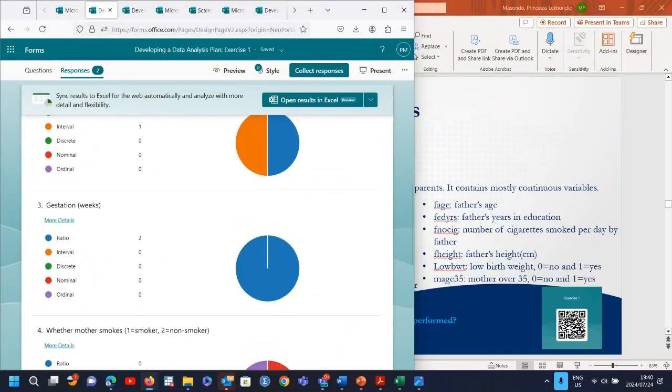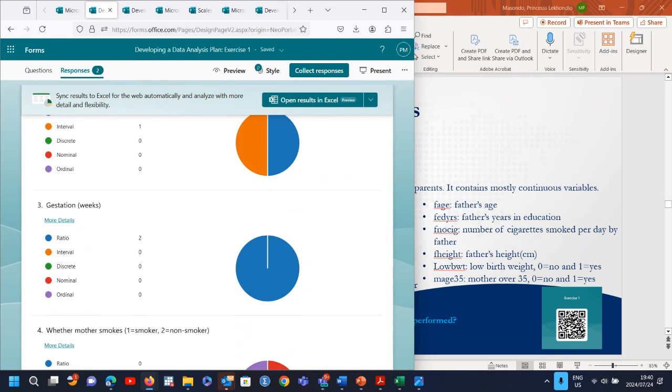Gestation is how many weeks you have been pregnant. As a variable, you are either in week 1 of your pregnancy, or up until maybe week 40, 41, 42 for those who go beyond 40 weeks.